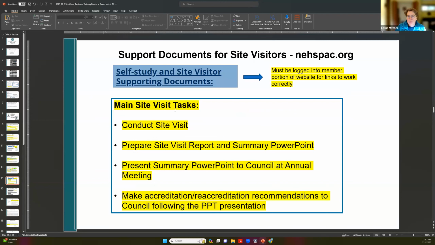So just to review, the main task of the site visitors is to conduct the site visit, prepare the site visit report and PowerPoint, and present the summary PowerPoint to the council at the annual meeting. Then a reaccreditation recommendation will be made following the PowerPoint presentation.